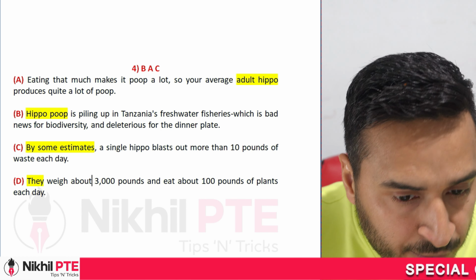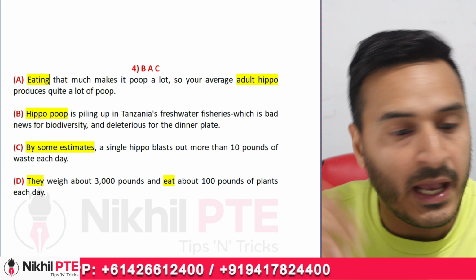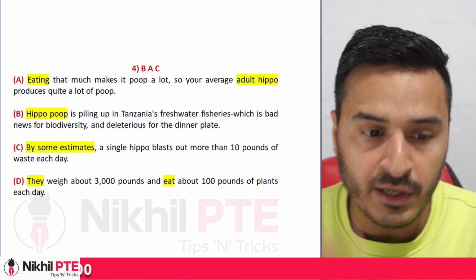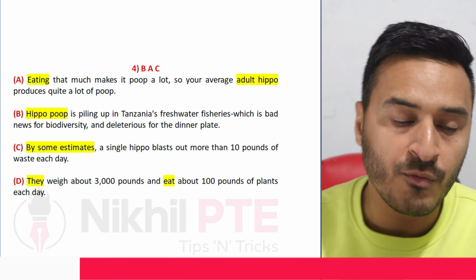So here we are talking about eating and here we are talking about eating. So there is one combination: after A, D will come, or after D, A will come. We are deadly sure that after A, C will come, so there is only one option. D will come after A. So the answer is B, D, A, C. You have to think like this in the real exam.